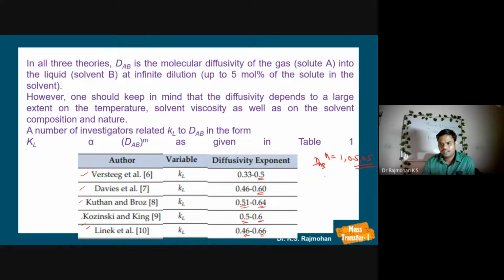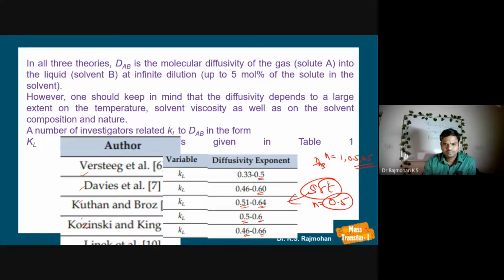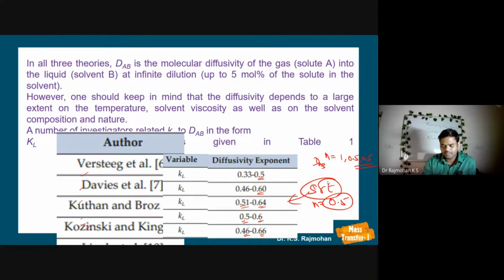So which theory is close to this? Surface renewal theory, because this theory proposes n equal to 0.5. So we have the range of experimental data which matches the value reported by surface renewal theory. These people have done research and reported the diffusivity exponent values.